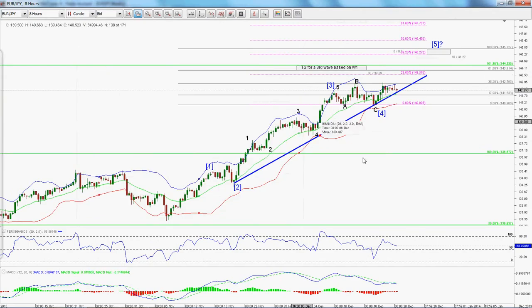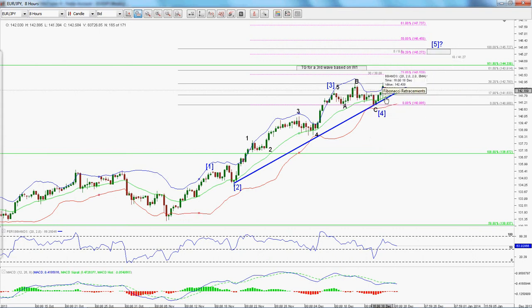And again, I go to the 8-hour chart, 1, 2, 3, 4, and this is the final fifth wave which has started. Okay, and I've got a support line on an 8-hour chart as well, and as you can see, the market is respecting this support line. It's not broken yet. Okay, so I'm expecting the fifth wave to complete in this area.